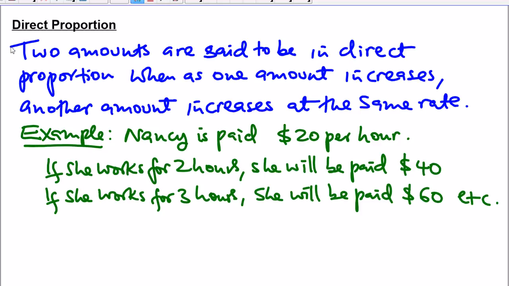So what we are saying here is how much she earns is directly proportional to how many hours she works. So if she works for more hours, she'll be paid more.